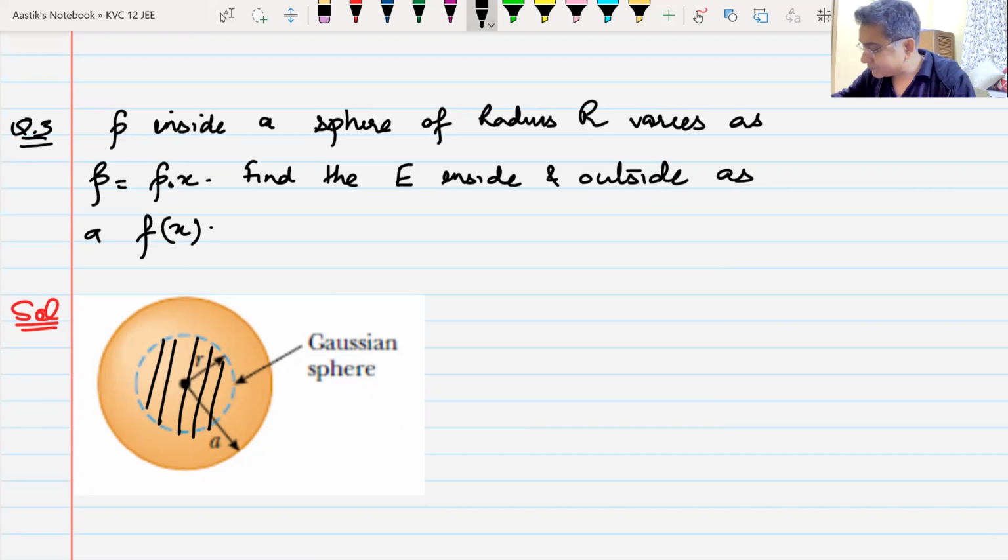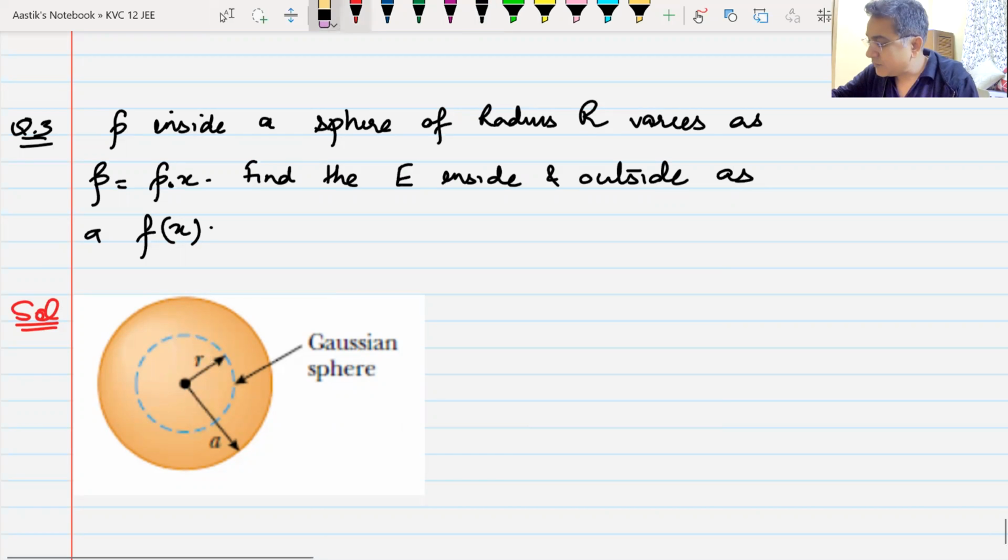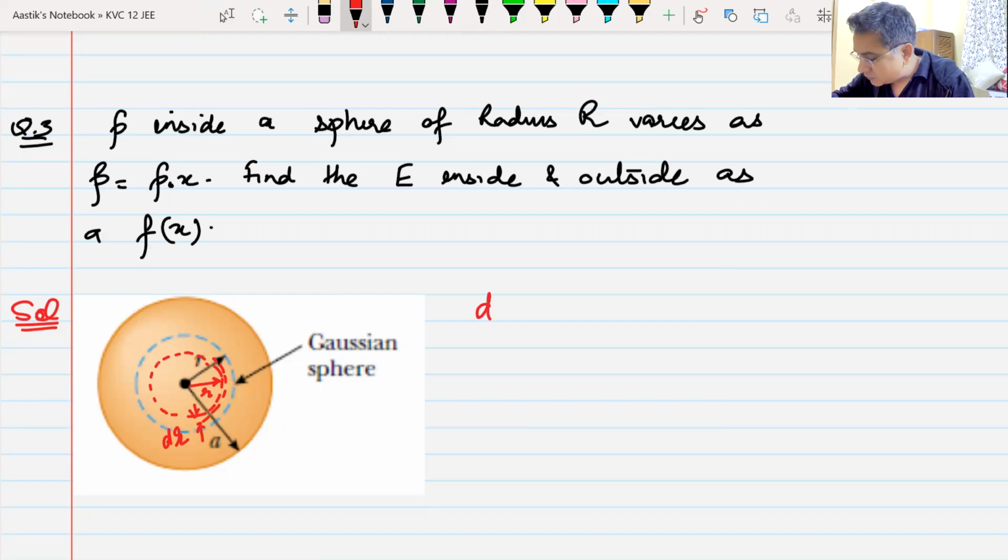Now, how am I going to get the charge in this sphere? I will take a small shell of radius r, and then increase the radius by a small amount dr. Then I will find the small charge in this small volume.